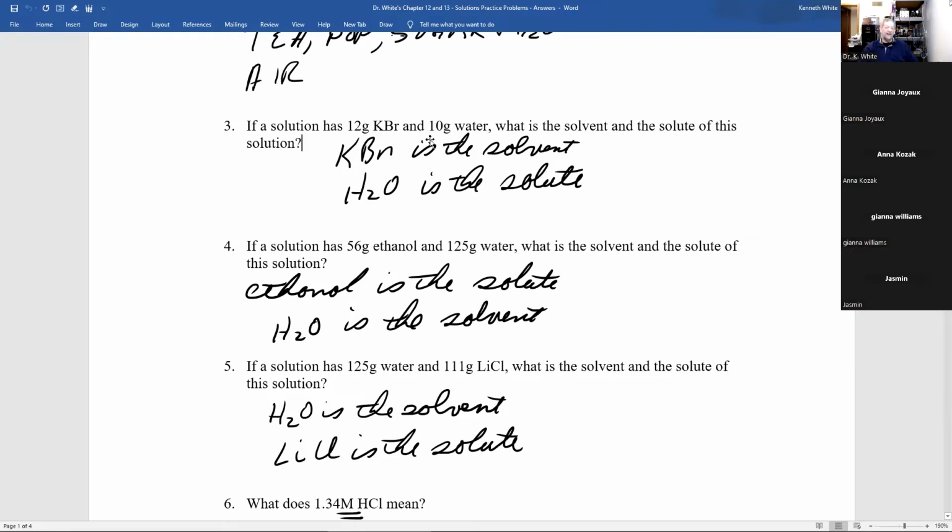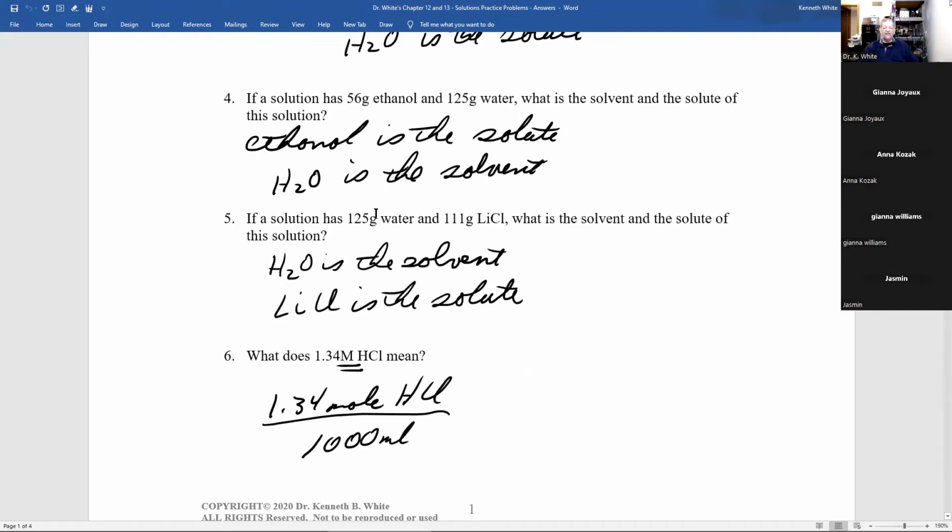The other component, water, is the solute. Normally you think of water as a solvent, but it doesn't have to be, like in this case. Here we have ethanol and water, 56 grams of ethanol, 125 of water. What's the solvent? Water, it's in the greatest amount, and the other component, ethanol, is a solute.